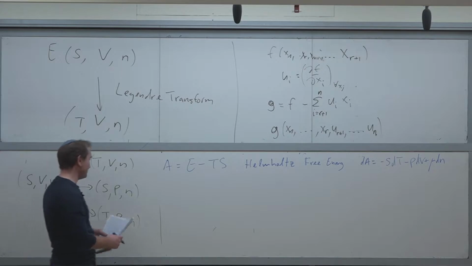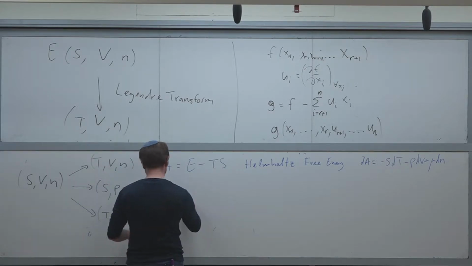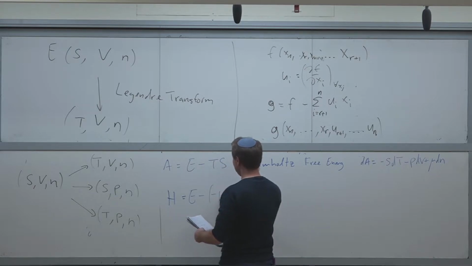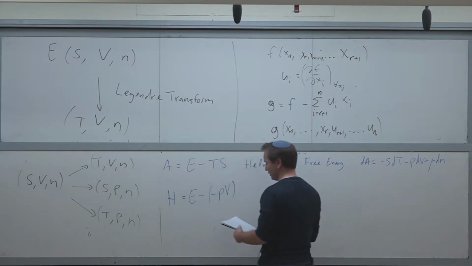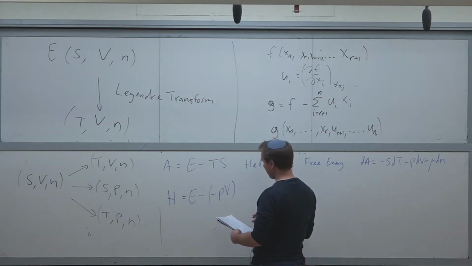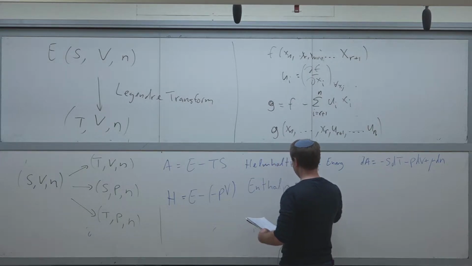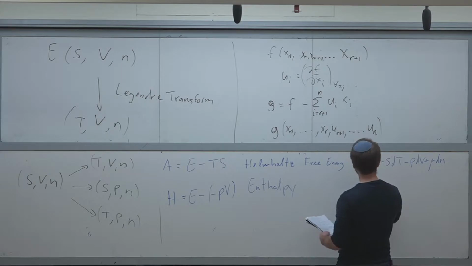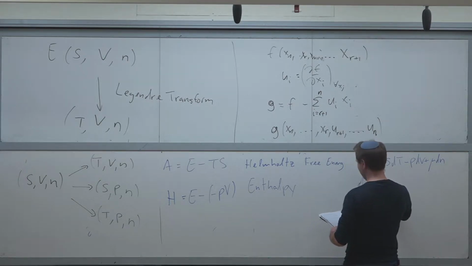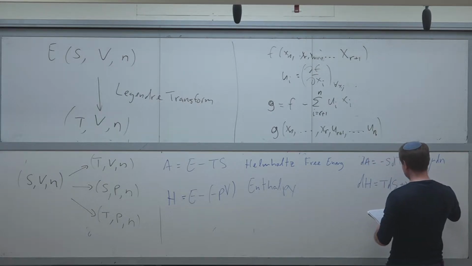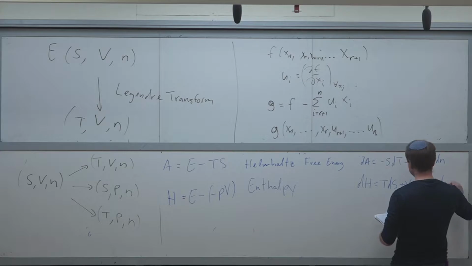H equals E minus PV. This is enthalpy. The differential of enthalpy, dH, is T dS plus V dP plus mu dN.